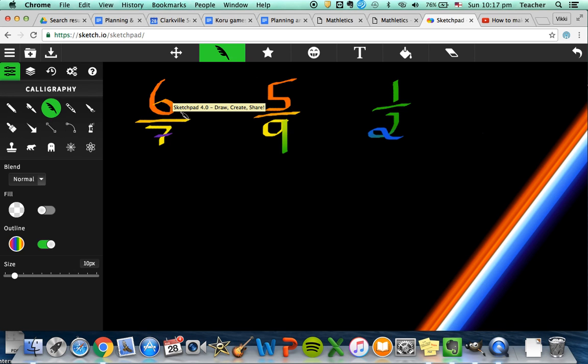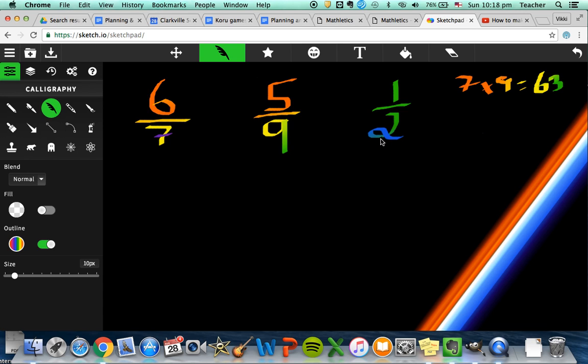So here's some fractions I prepared earlier. The easiest way to change these guys so they all have the same denominator is to just multiply them together. Super easy. So this becomes 7 times 9, which equals, of course, you've had enough time to figure that out, 63.